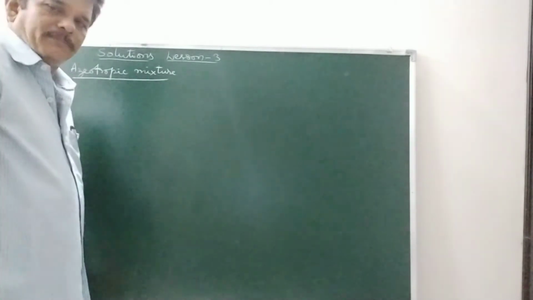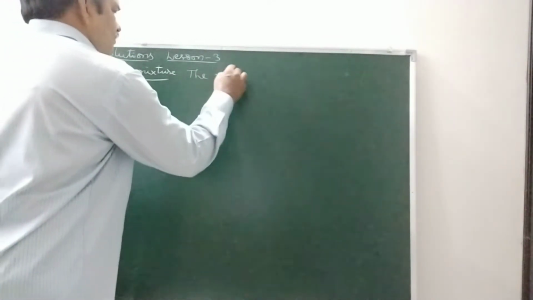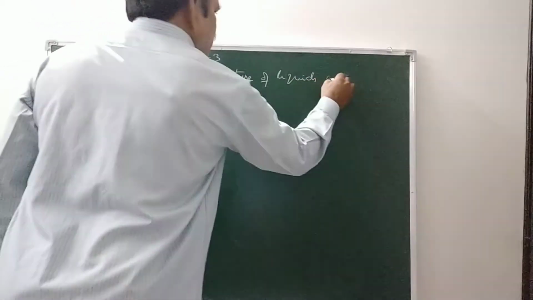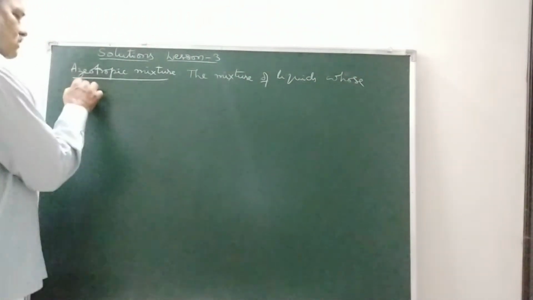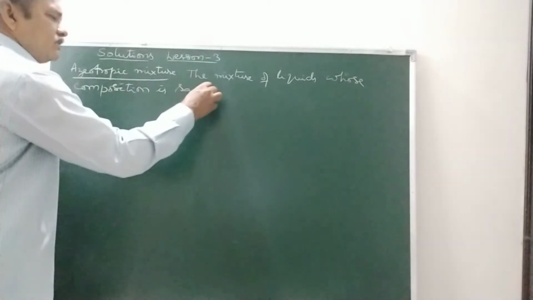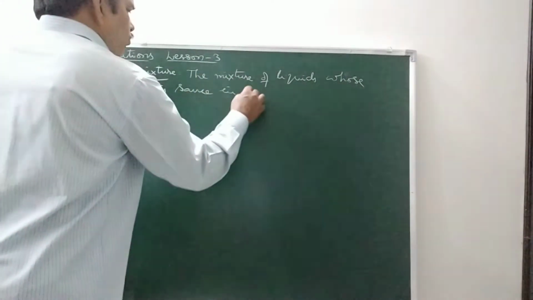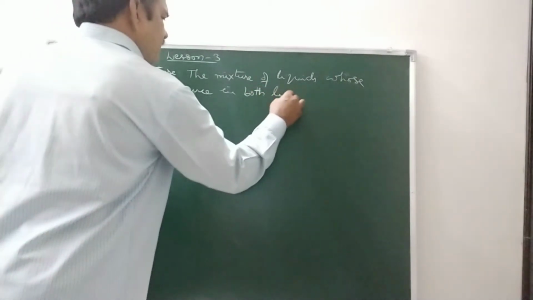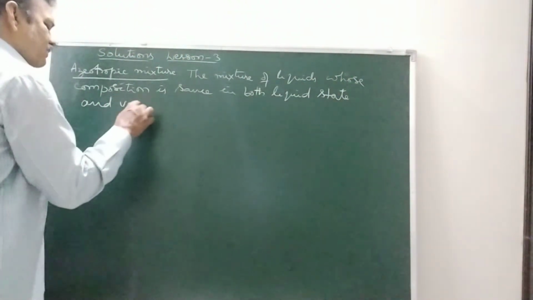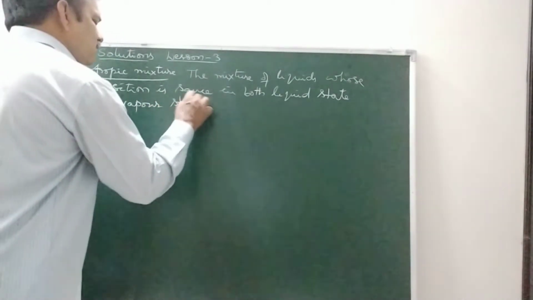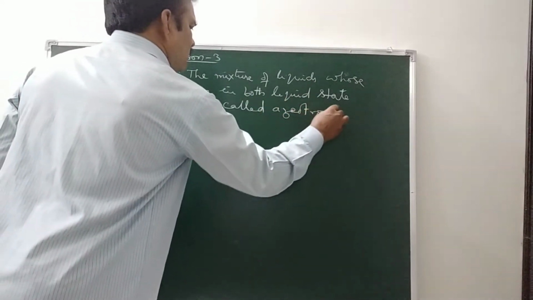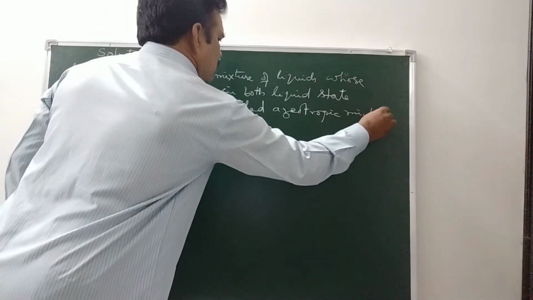So what is an azeotropic mixture? The mixture of liquids whose composition is the same in both liquid state and vapor state is called an azeotropic mixture.